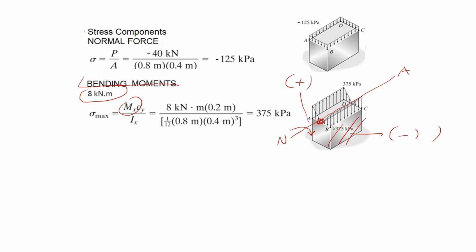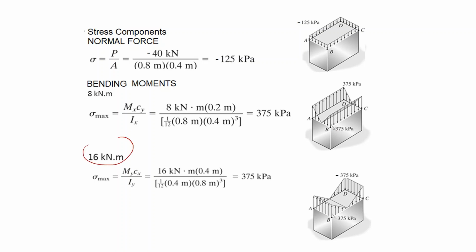So the maximum values of these on the surfaces are 8 kilonewton times the distance from the neutral axis, 0.2, divided by the moment of inertia, Ix, will give you 375.